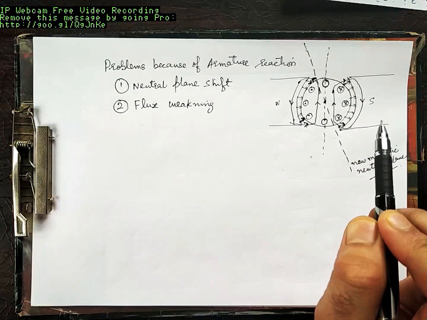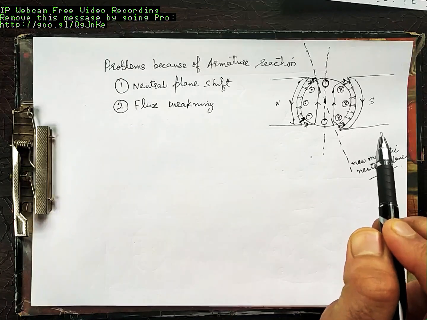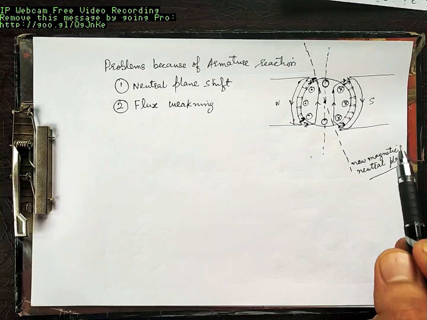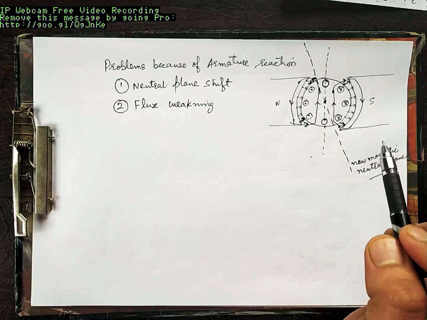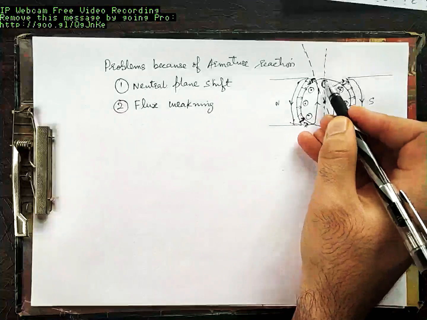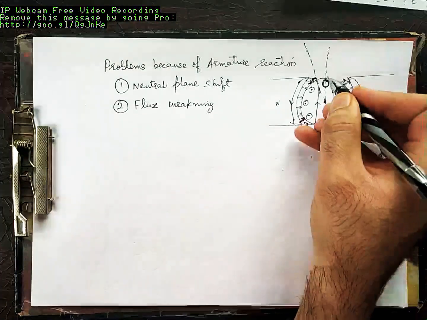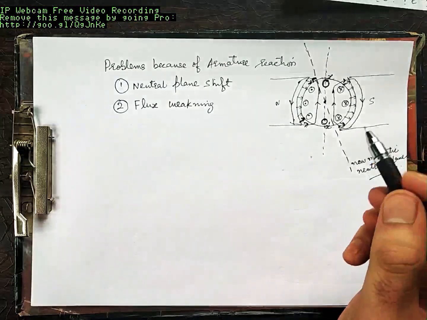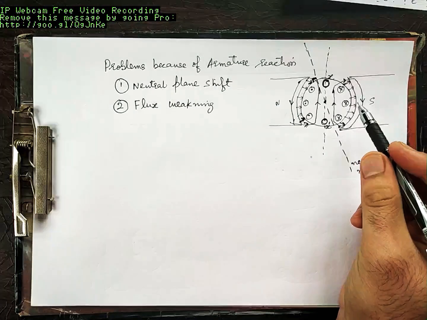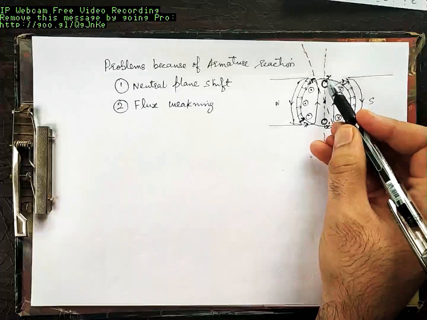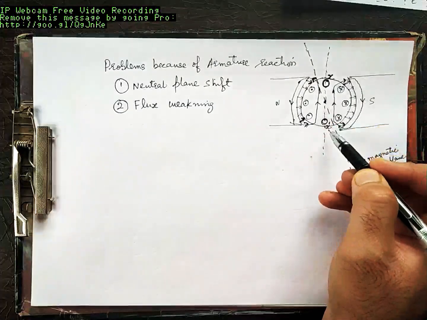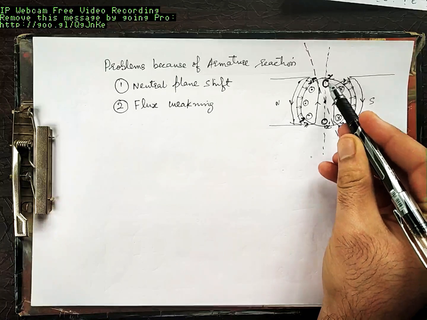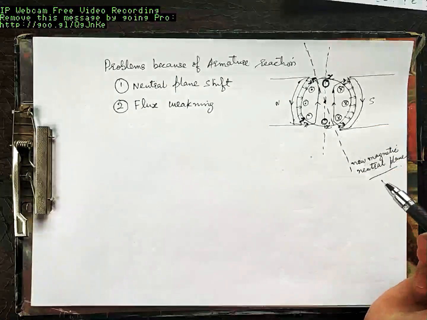When the brush will short circuit two commutator segments, to which this and this, let's call these X and X prime, are connected, the voltage induced in the X prime coil was zero, so there was no problem.